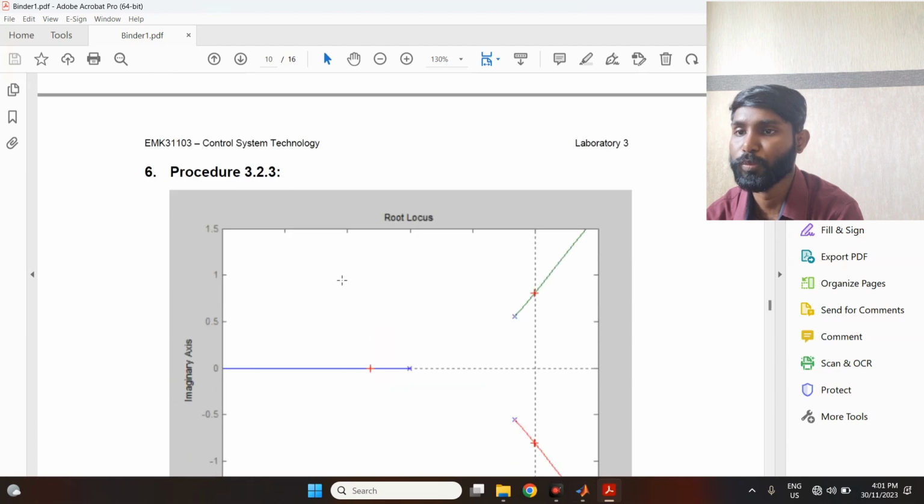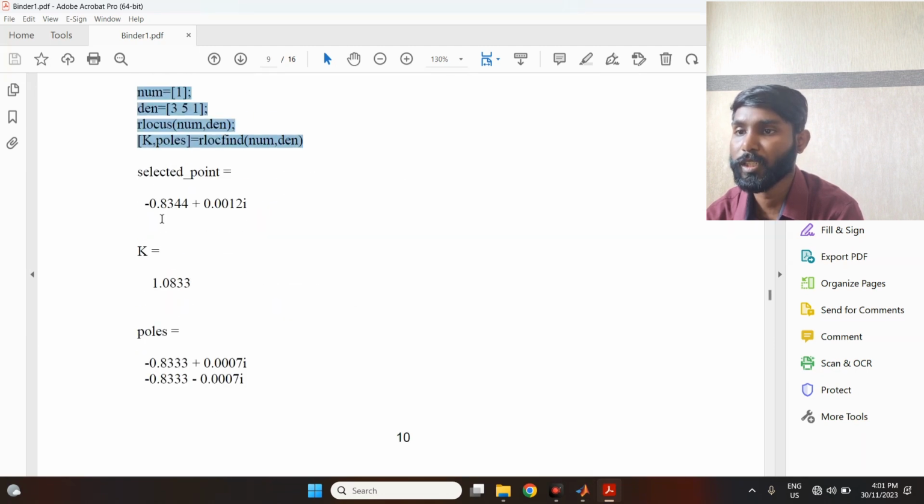This is for procedure 3.2.2, and the selected point is negative 0.8344 plus 0.0012i, K is 0.833, and the poles are negative 0.8333 plus 0.0007i and negative 0.8333 minus 0.0007i.